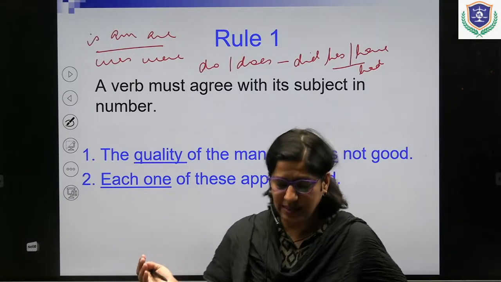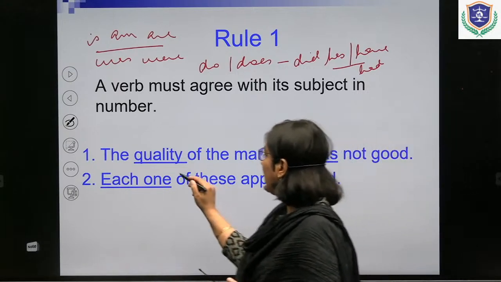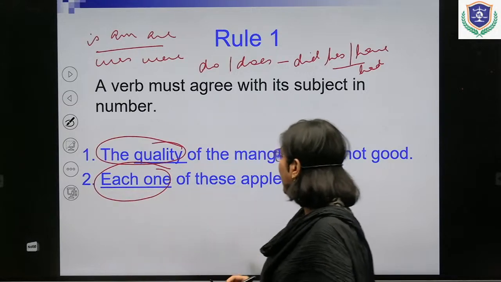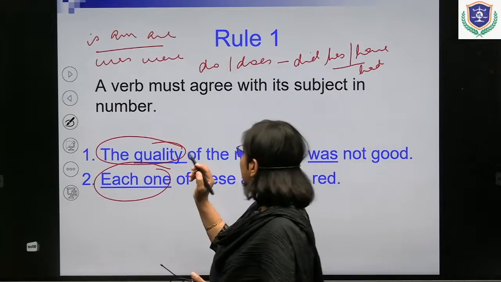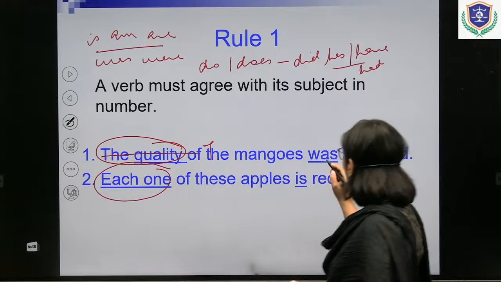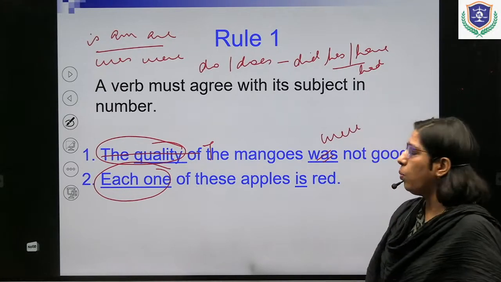And in these two sentences, you can see that we are dealing with single subjects, and so we are using singular verbs here. Had the sentence been the mangoes, then we would have written were not good.